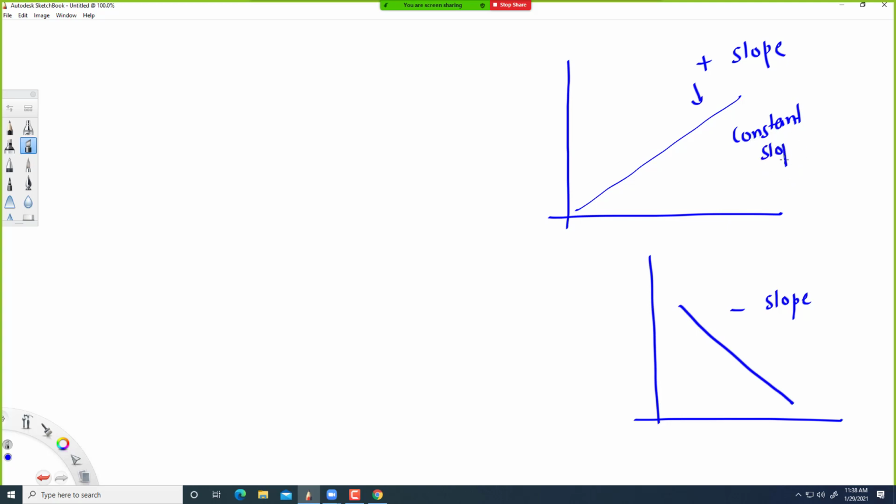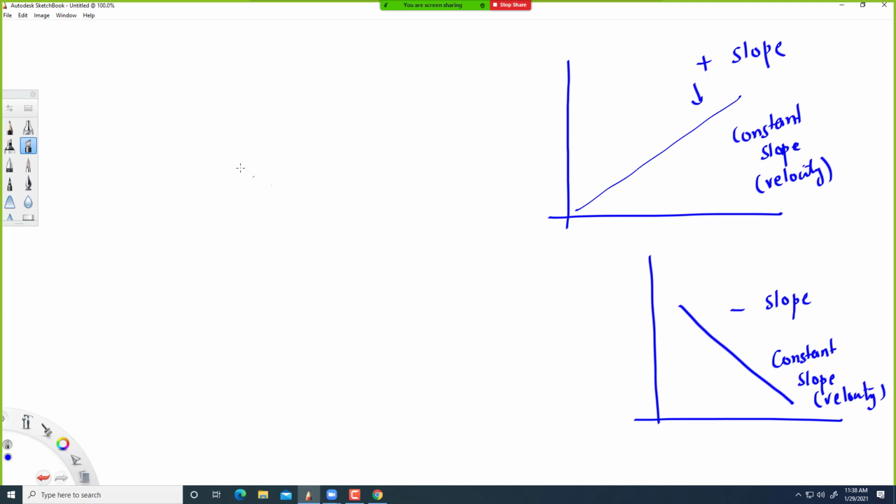If you have a straight best fit line, that means the velocity is constant, okay? It's moving at constant velocity. Here also, it's moving at constant velocity or constant slope. But if it is slanted up, the slope is positive, the velocity is positive. If it is slanted down, the velocity is negative.